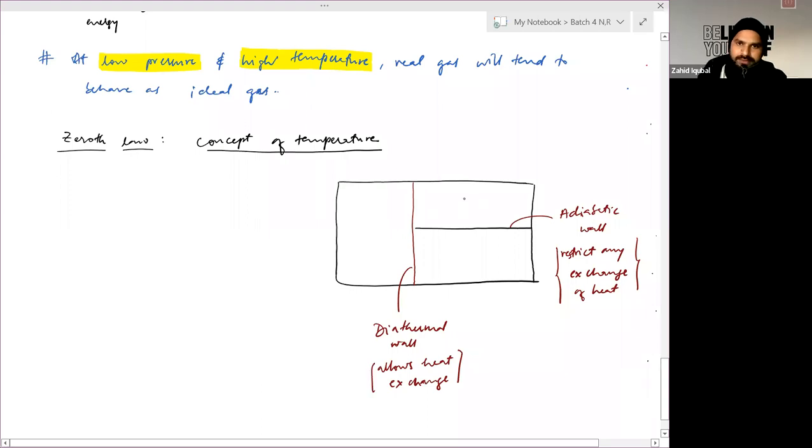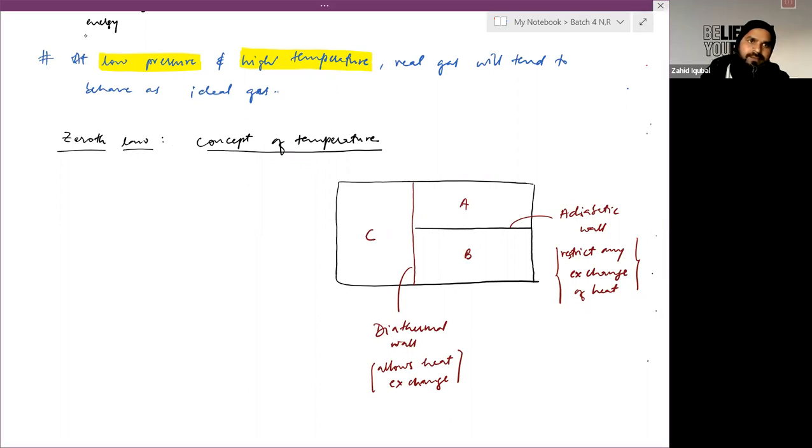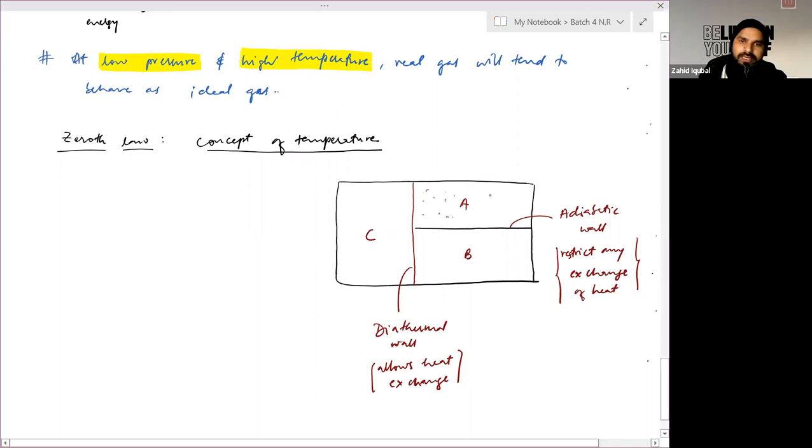Now let's say this is system A, this is system B, and this is system C. Individually, all are at different temperature.